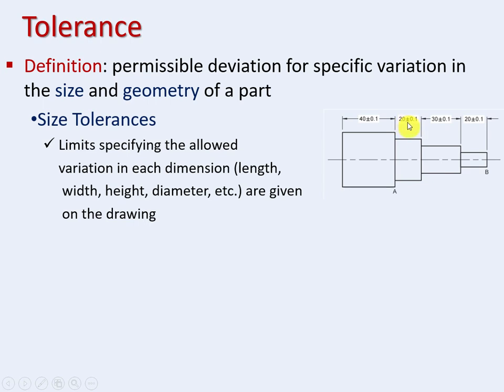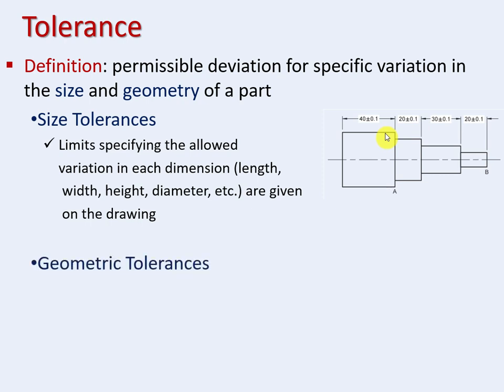That means 20 plus 0.1 acceptable, or 20 minus 0.1. This is the range from 20 minus 0.1 to 20 plus 0.1. Okay?